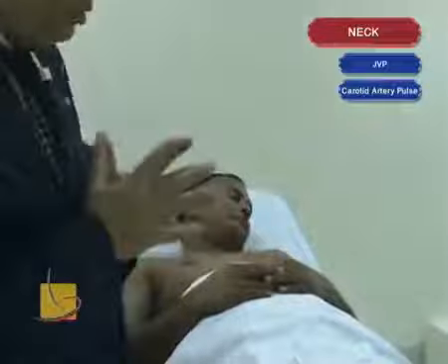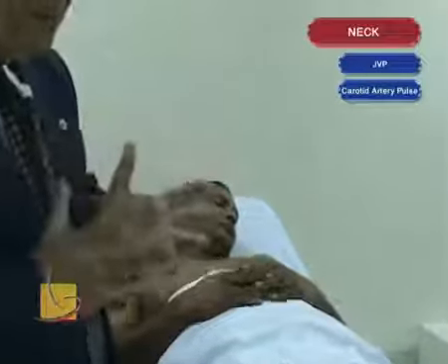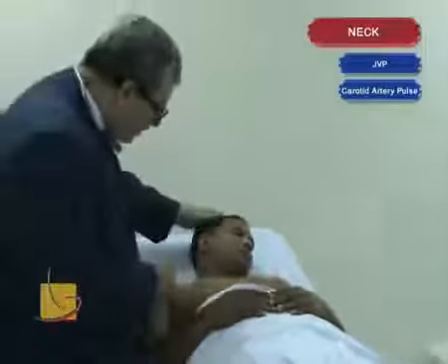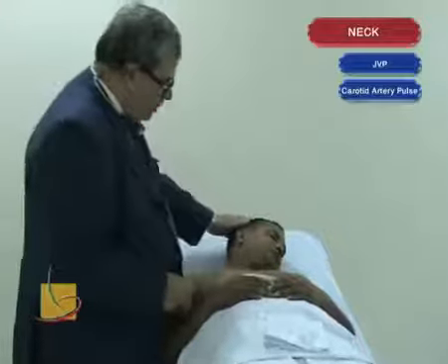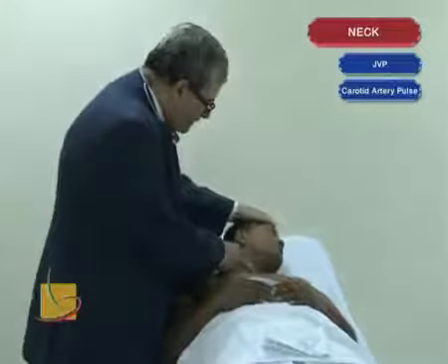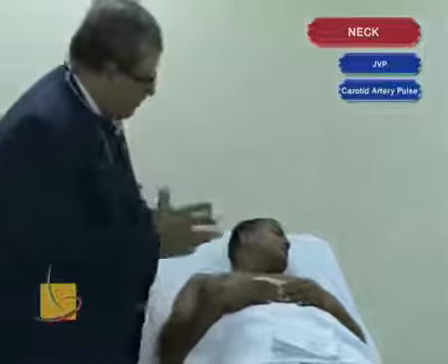Before I start palpating the carotid artery, we have to look by inspection to see if there is any carotid artery pulsation or any suprasternal notch pulsation, because all of these are related.